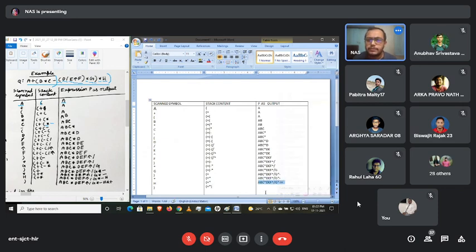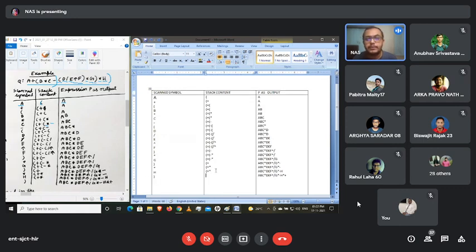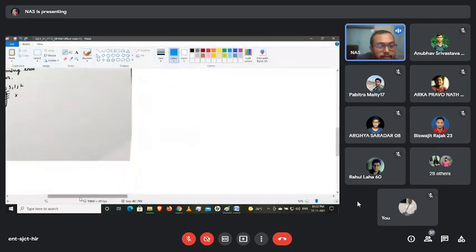So first R will come, then plus will come, and this one will not be there because they got already popped out. There is nothing left to be read here because both of the brackets have met each other.